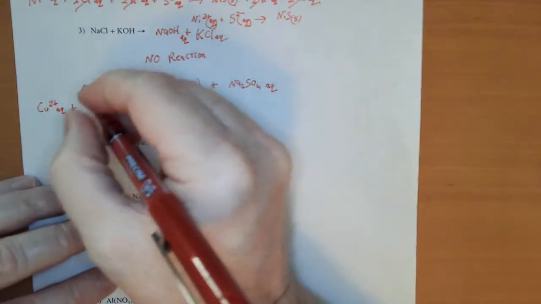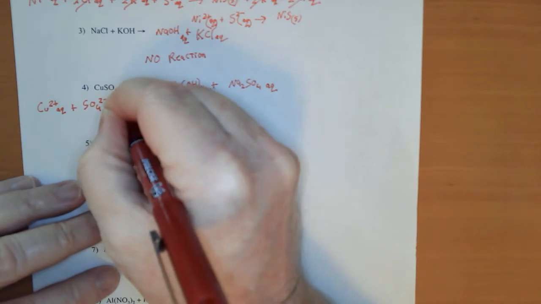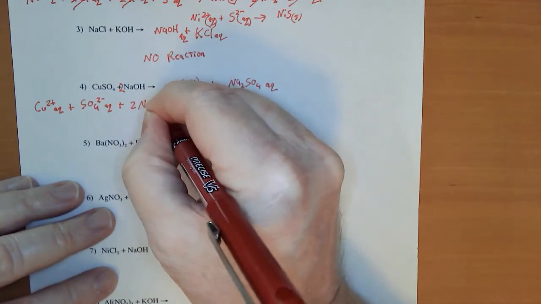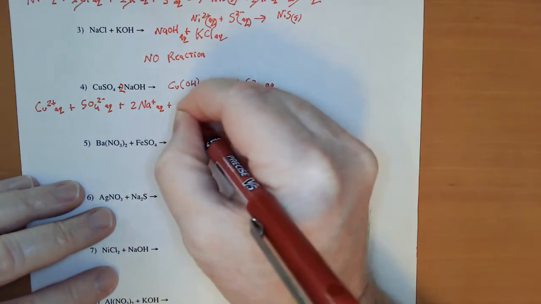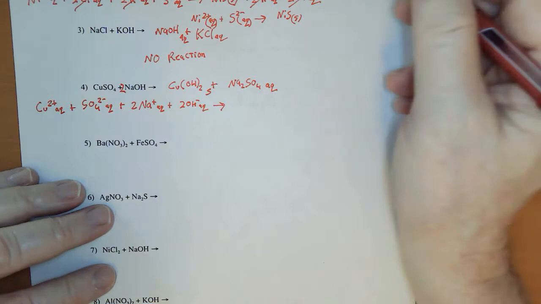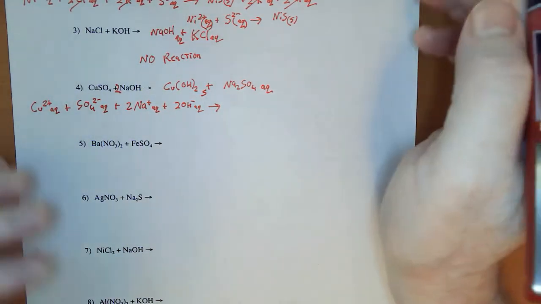I've got SO4, sulfate, 2- aqueous. Did I mention you need to know your polyatomic ions? 2 Na+ aqueous, 2 OH- aqueous to give me Cu(OH)2, which is the solid, and 2 Na+ aqueous and sulfate, SO4 2- aqueous. Remember I recommended that you do this on a separate sheet because it just takes up a lot of space.